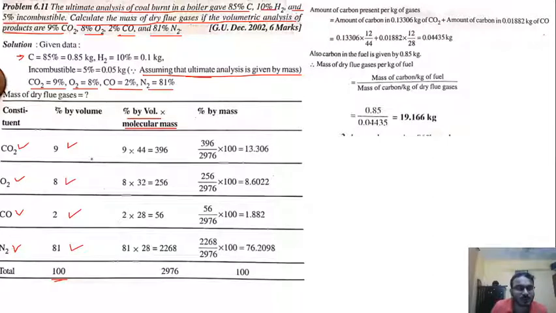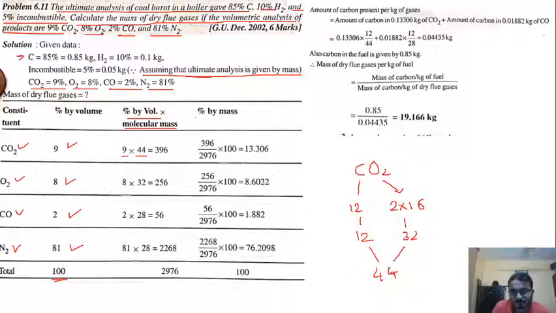Here 9 is the percentage and 44 is the molecular mass of CO2, because C has molecular mass 12 and O2 is 2 multiplied by 16, which is 32. Both together give us 44.